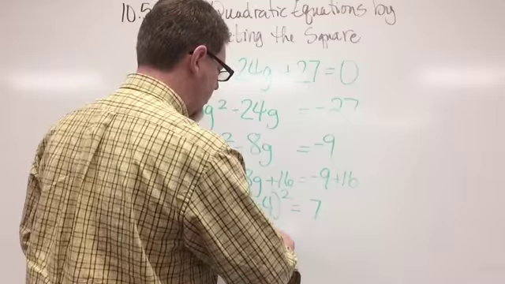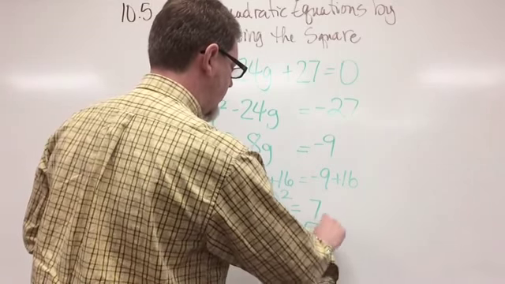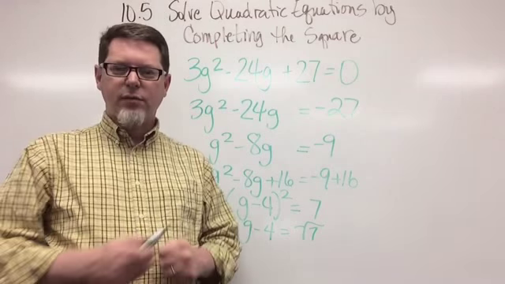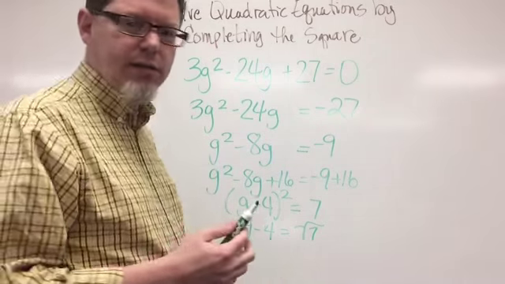G minus 4 equals the square root of 7. Well, the square root of 7 is not an integer. It's some crazy decimal, so we're going to let our calculators do the work.